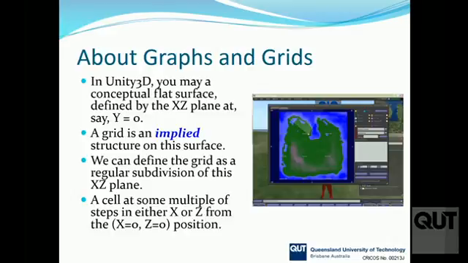All we have to do is know where the origin is and know what our step distances are. So that's what I mean here. A grid is an implied structure on the surface. We can define the grid as a regular subdivision of this plane, and a cell is at some multiple of steps in either X or Z from the origin.